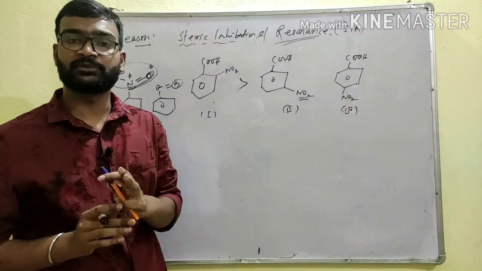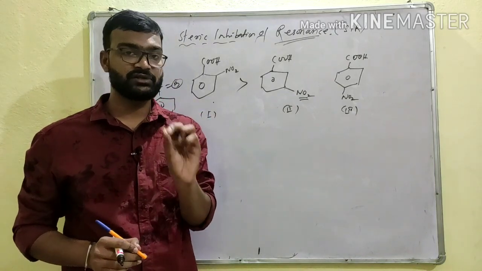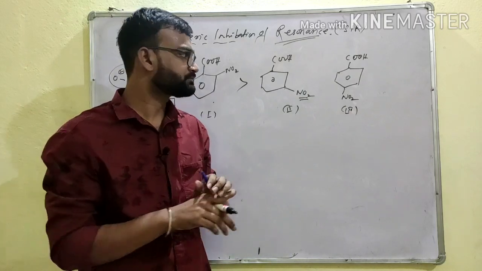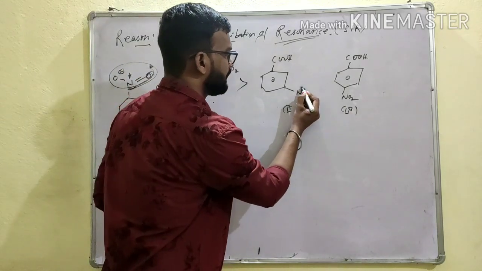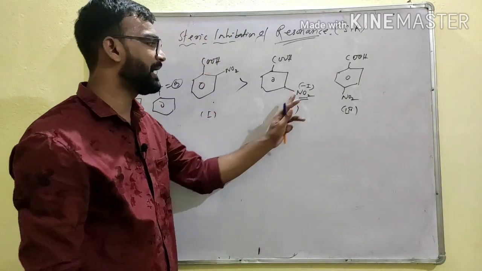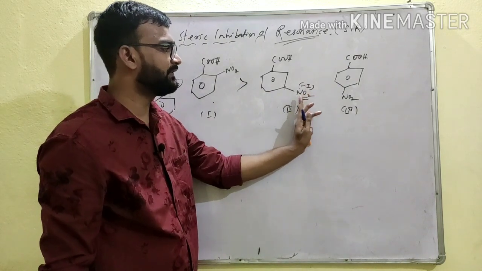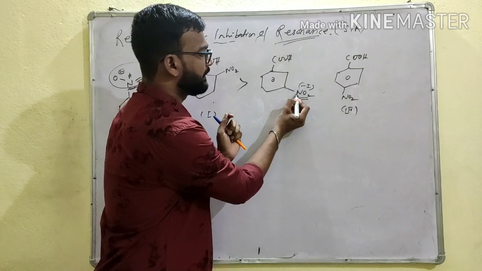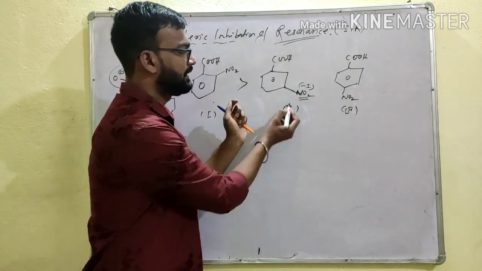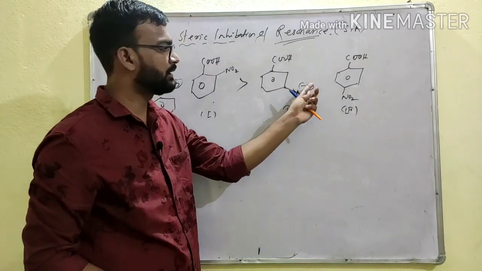One thing you know from resonance is that there is no resonance at the meta position. Resonance occurs only at the ortho and para positions. So at meta, NO2 exerts only the minus I effect, because of the electronegativity difference of nitrogen and carbon, which withdraws electrons through the sigma bond by the inductive effect.